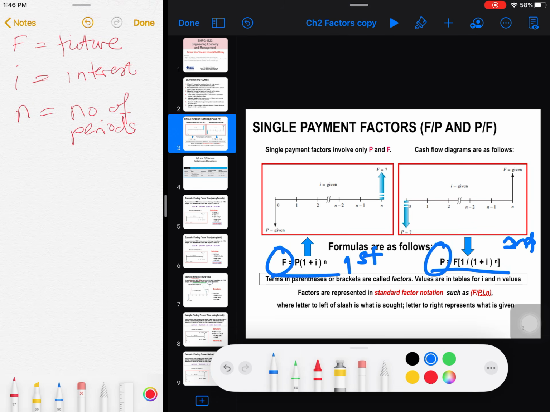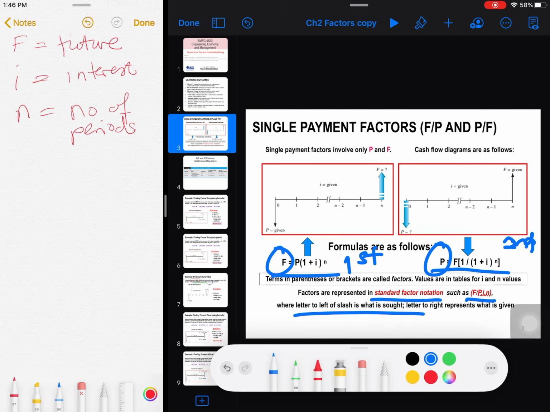These factors also have what we call standard factor notation. The letter to the left of the slash is what is sought, and the letter to the right represents what is given. What does it mean?